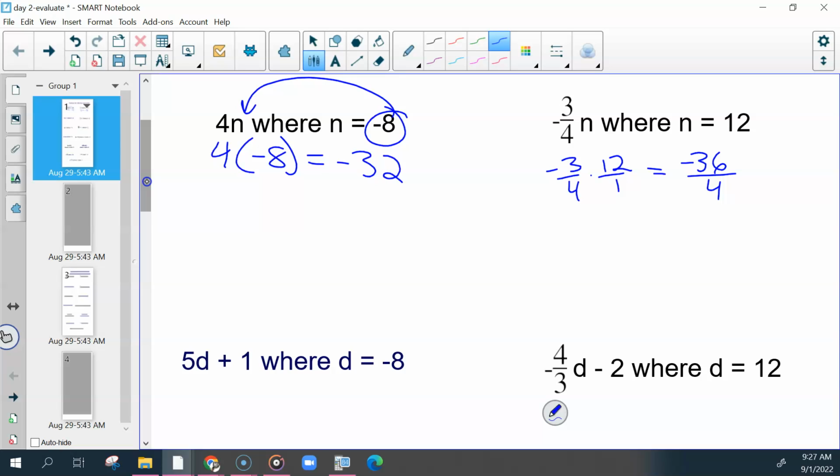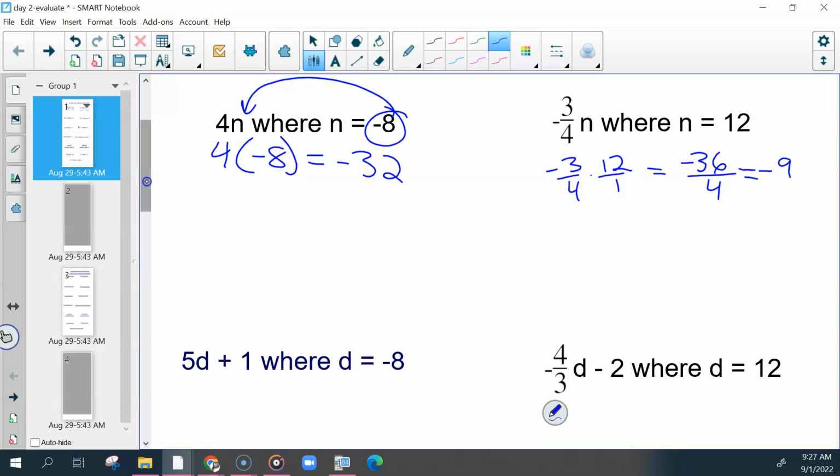Always, moving forward, always. So our final answer for this one would be what? Negative 9.